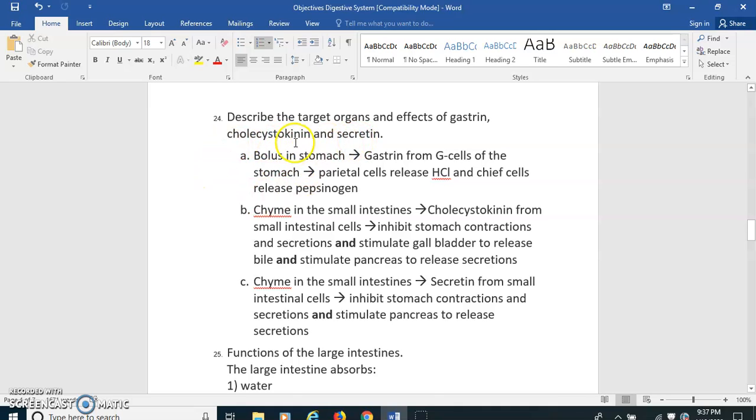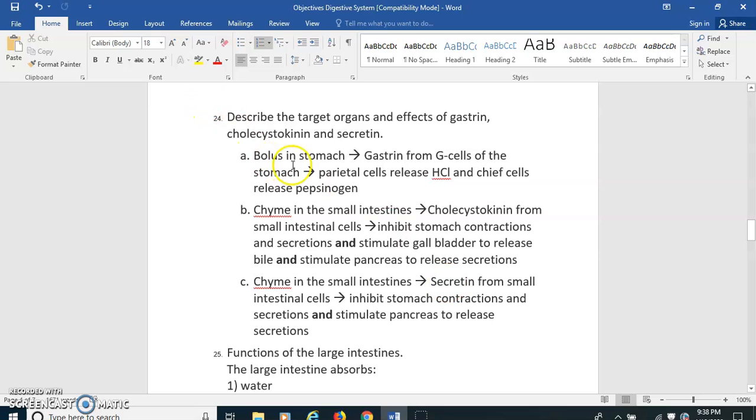A lot of this we covered when we talked about regulation in the stomach. But what we didn't talk about is how these hormones regulate the small intestines, and the pancreas and the gallbladder. So that's what's new in this particular objective.